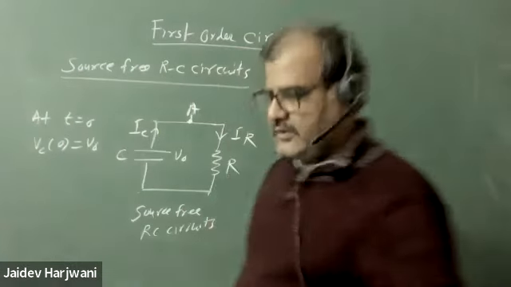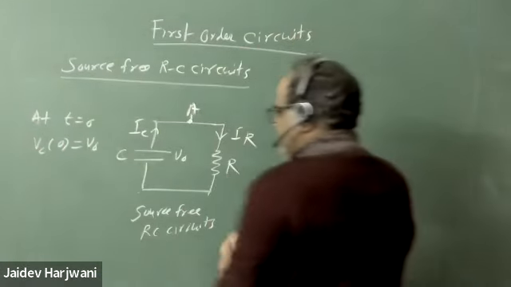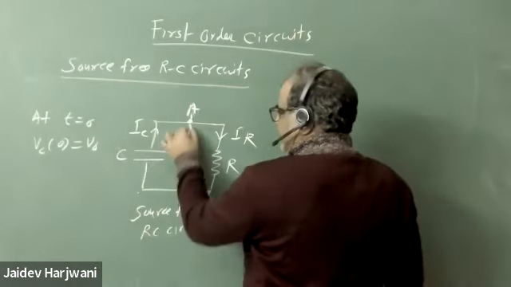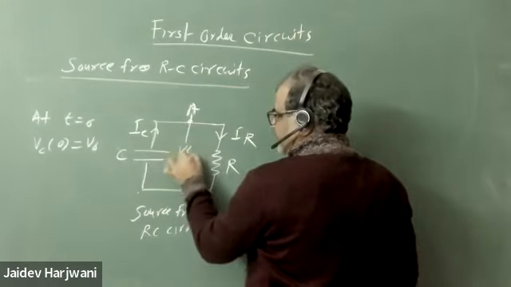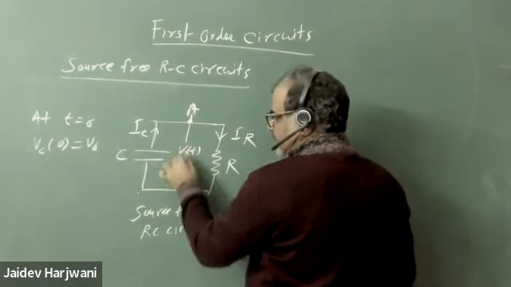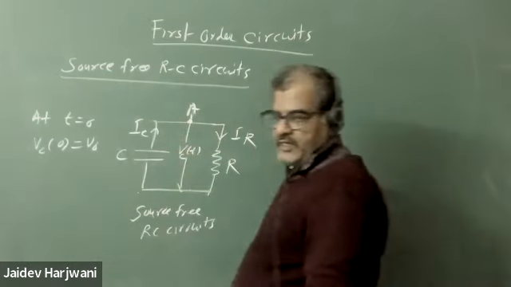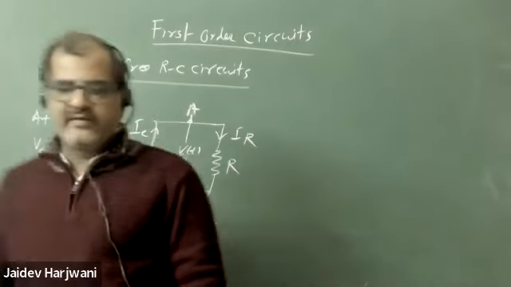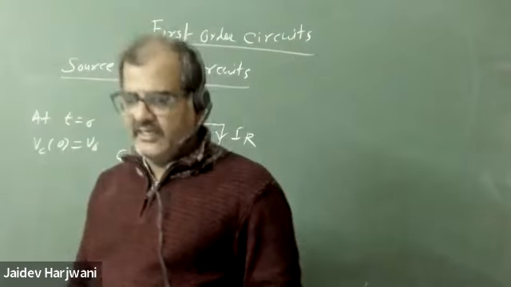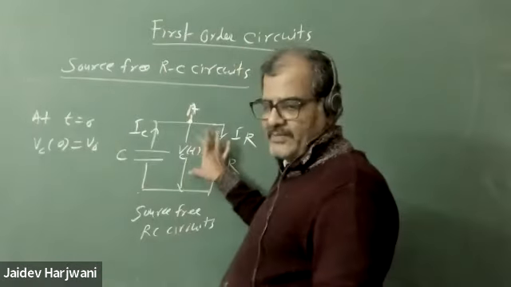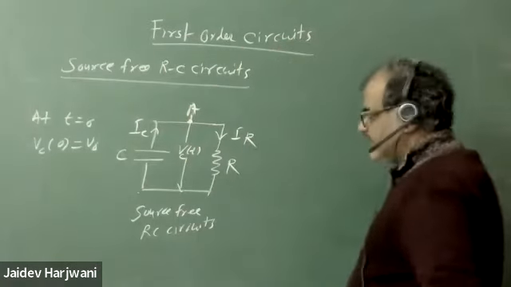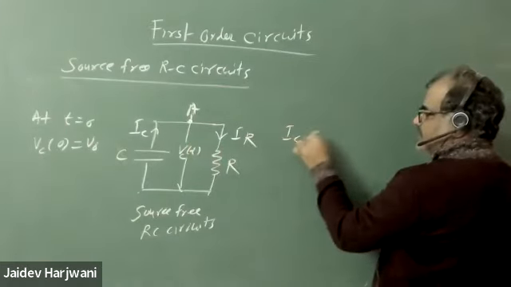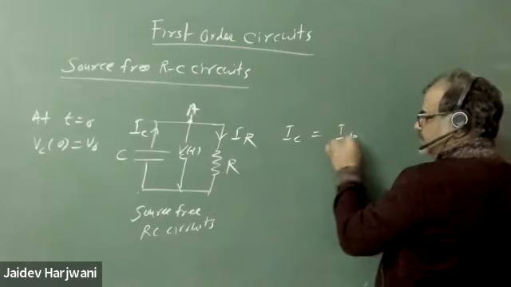Once the capacitor discharges, its potential will decrease. At a certain time it will have a voltage, say V(t). Now I want to calculate this voltage. Once I have removed the source, after time t, what is the voltage across this capacitor? So suppose IC equals IR in the circuit.